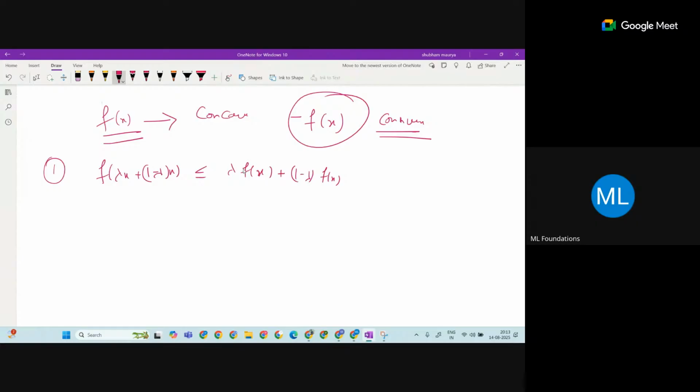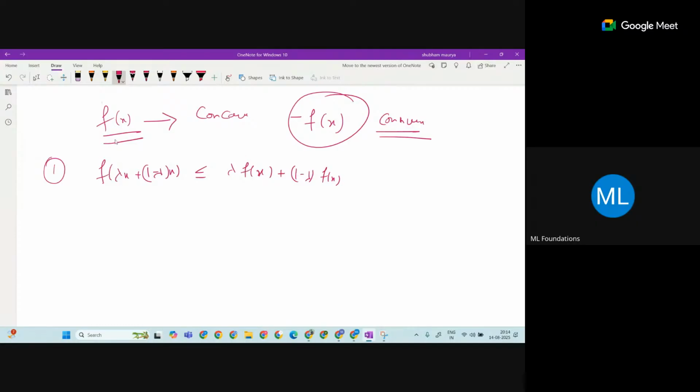If the function satisfies this condition, then we say the function is convex. There are also other definitions regarding the epigraph, the Hessian, and one more definition. So these are some definitions for convex.